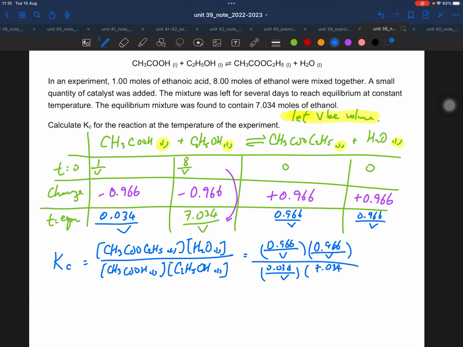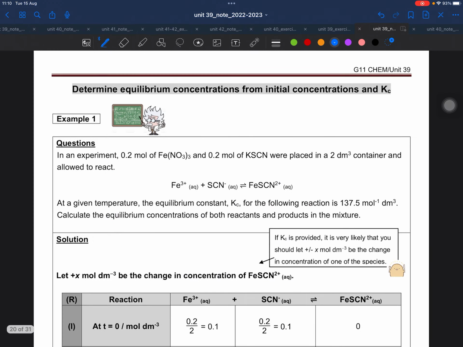Wow, this is complicated, but not difficult, right? Here is our job. Still simple, right?